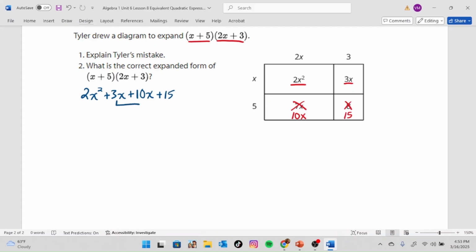We combine the like terms and we end up with 2x squared plus 13x plus 15. And this is the correct expanded form.